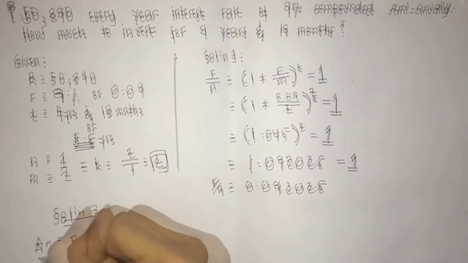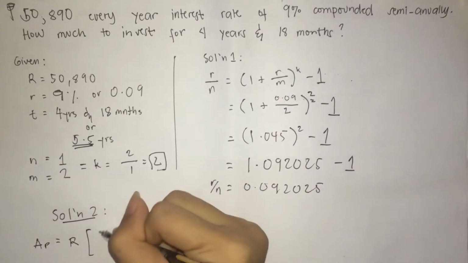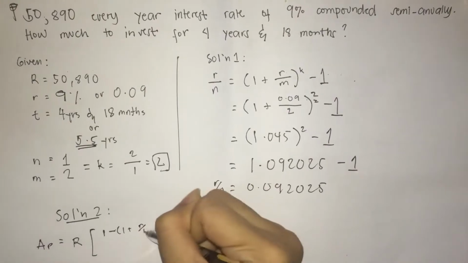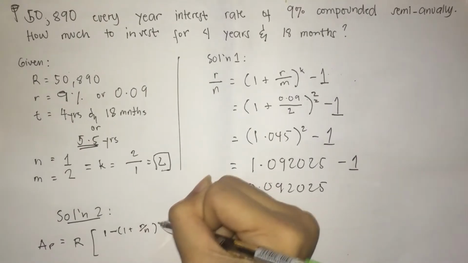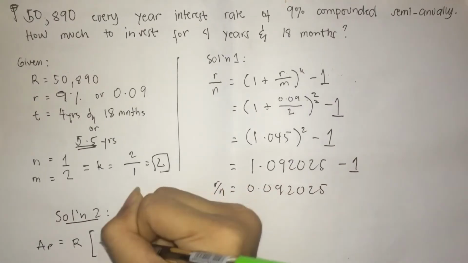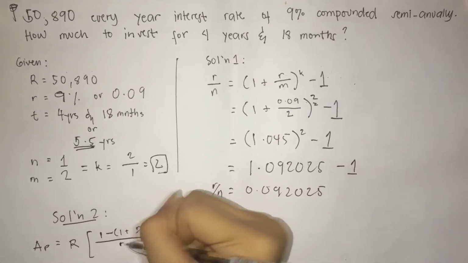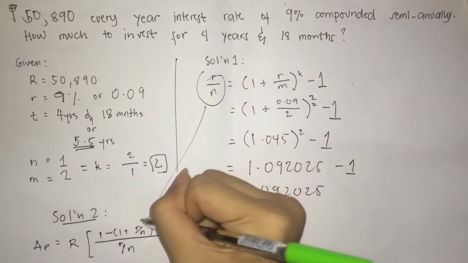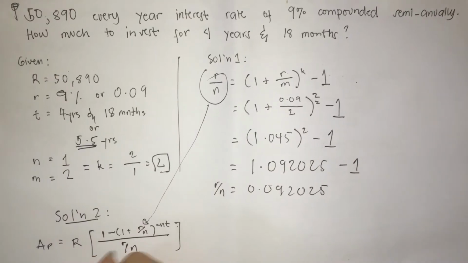So we have here the formula of the present value, which is R times the quantity of 1 minus 1 plus conversion period, which is r over n, raised to negative n times t, over r over n, which is again our conversion period. So we need to substitute all its givens.